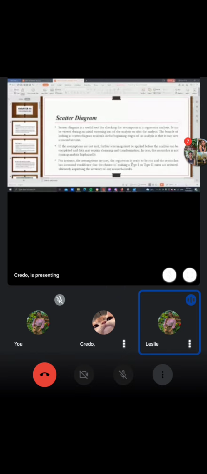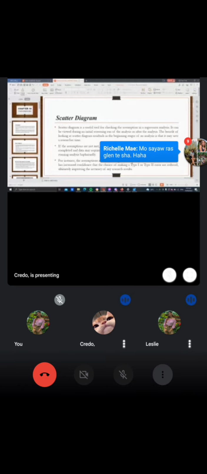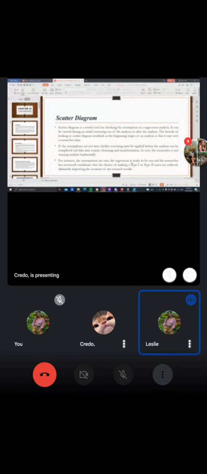A scatter diagram is a useful tool when checking the assumptions in regression analysis. It can be viewed during an initial screening run of the analysis or after the analysis. The benefit of looking at the scatter diagram residual in the beginning stages of an analysis is that it may save a researcher time.